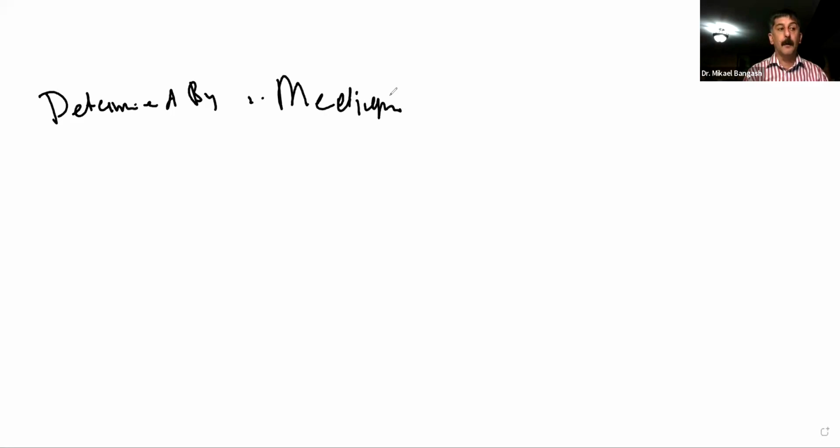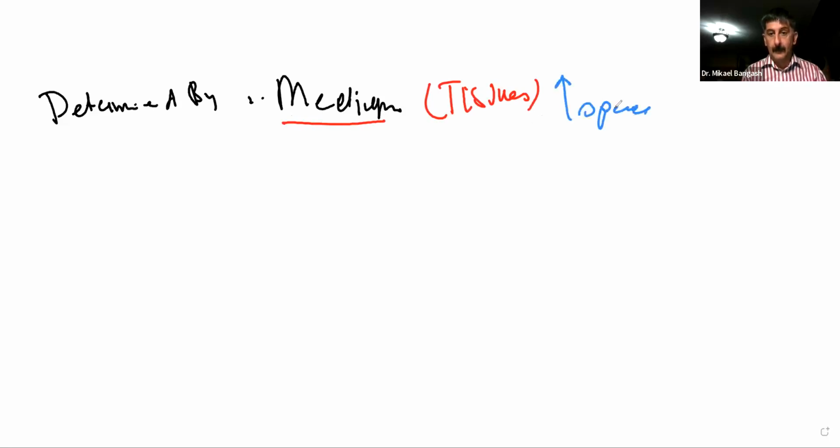It's mainly going to be the medium, which in our case is going to be the tissues. That will determine whether the sound travels at a high speed, or whether the sound travels at a low speed.